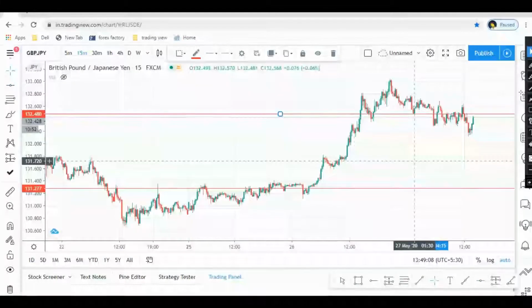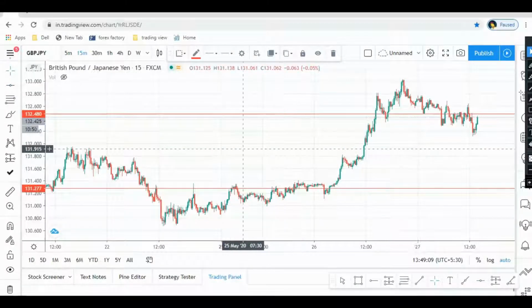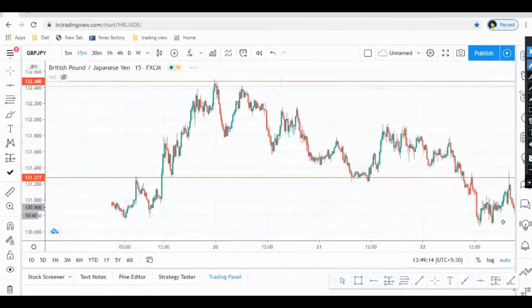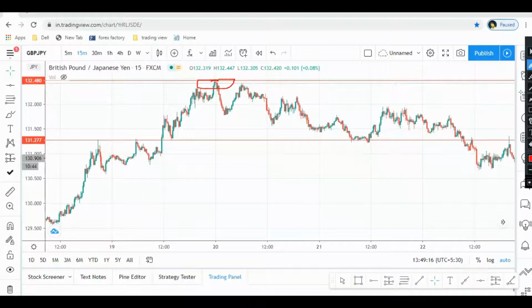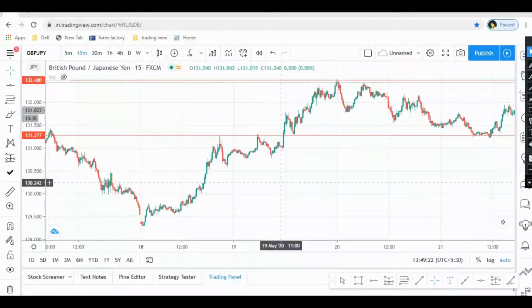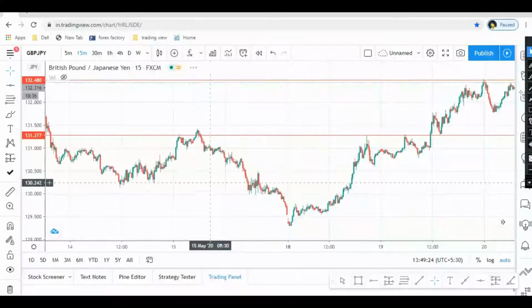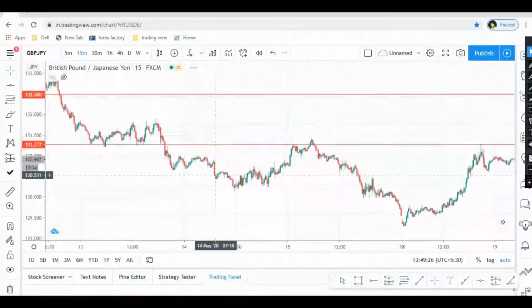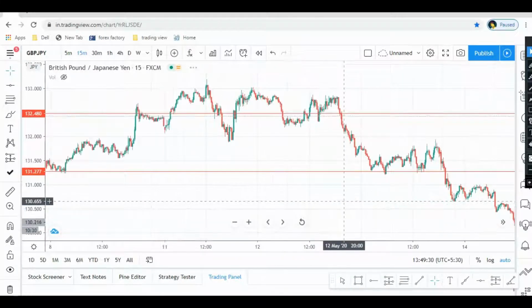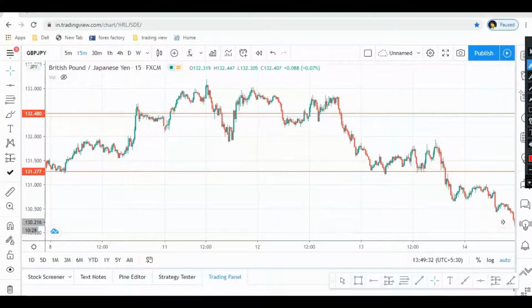Alright, let's find out if this place is a strong resistance or not. Okay, I see this place acting as a strong resistance. We will go back more to find out whether this place is a strong resistance or not. Till now, alright, this place acted as a resistance also, here also.